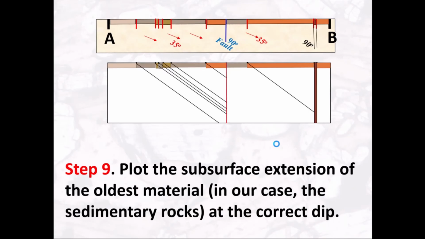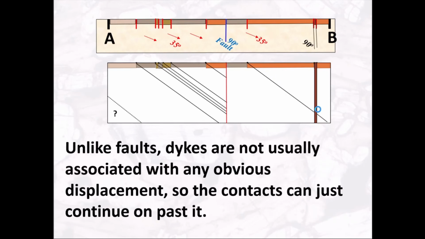So we've gotten to this stage where I've continued my stratigraphic contacts from the surface down at depth, and I've stopped them at the fault. I've also stopped this contact down at the dike, but because dikes aren't like faults, you don't generally have displacement when you intrude a dike, what I'm able to do is continue with a fair degree of certainty that contact through the other side of the dike.